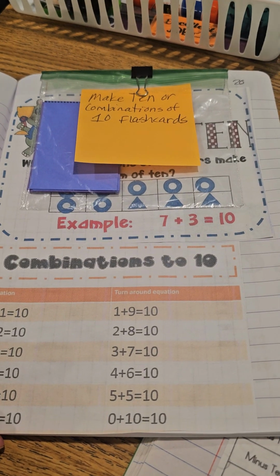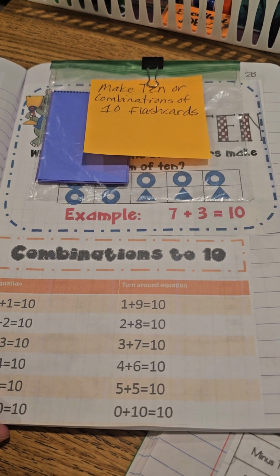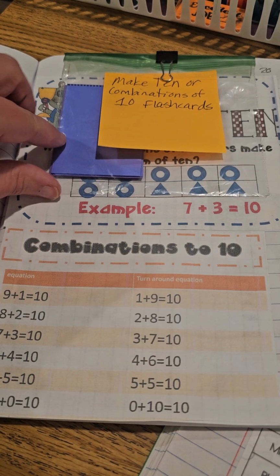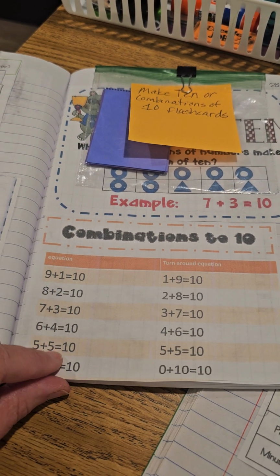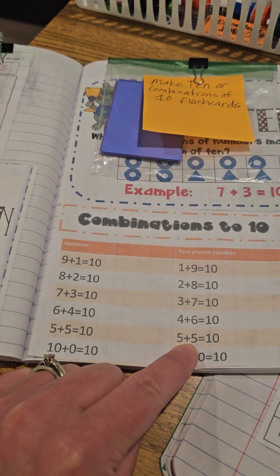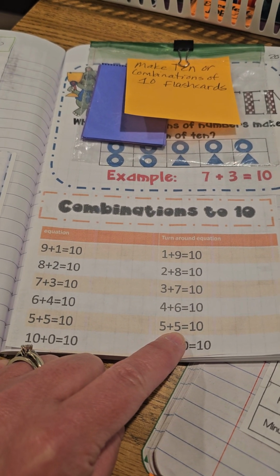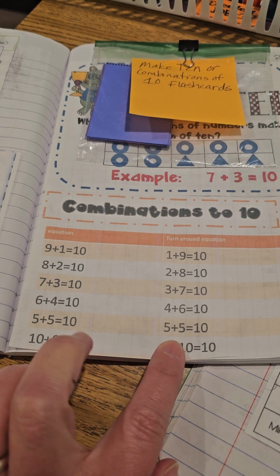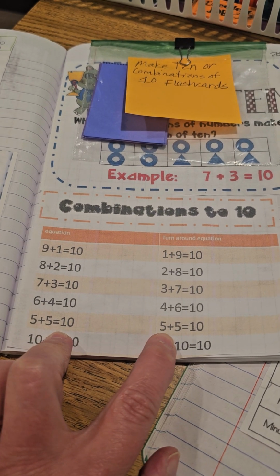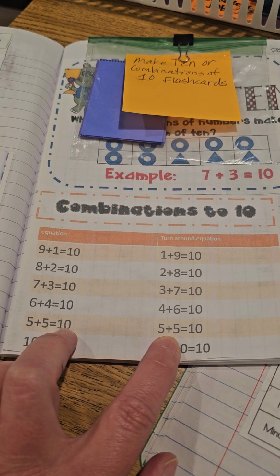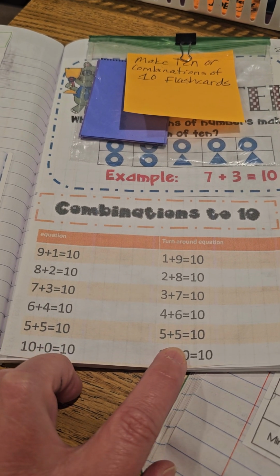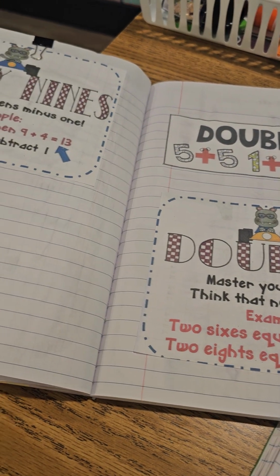The last one is make 10 or combinations of 10. They mean the same thing. You'll make one flashcard for each one. Now you might think you have 1 card too few, but 5 + 5 is repeated, so I'm not going to give you a flashcard for that because you've already gotten it. That is what the flashcards are for.